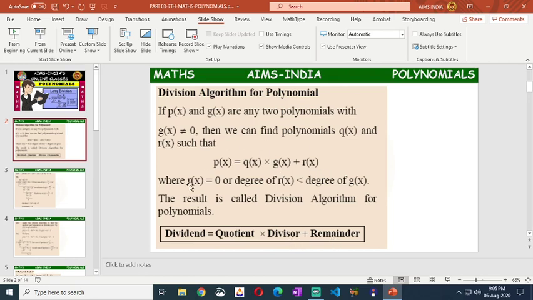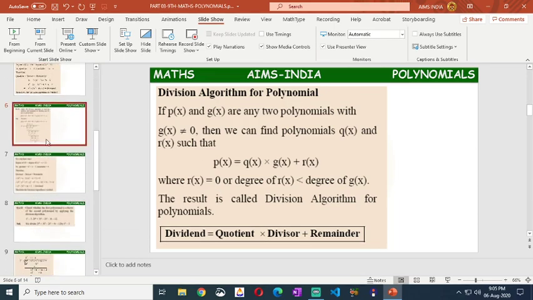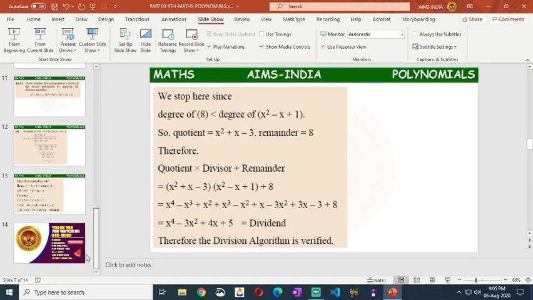With that relation, four polynomials will exist. This is called division algorithm for polynomial. But in this, g of x is not equal to 0. That is one condition. And r of x is either 0 or its degree is less than that of g of x. That is other condition. So r of x may be equal to 0 also. Okay. Based on that, some problems we have solved.